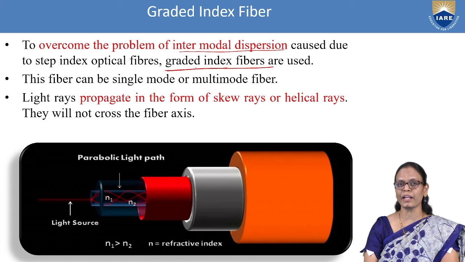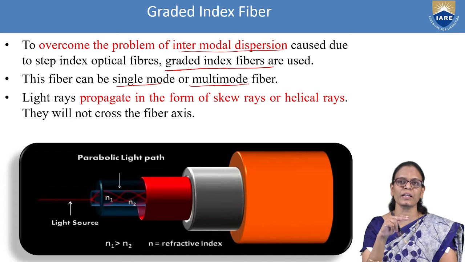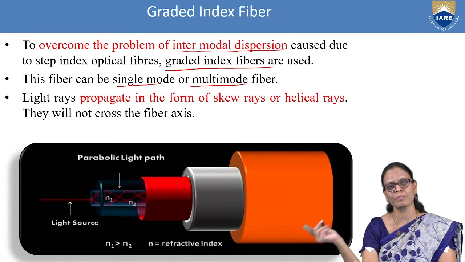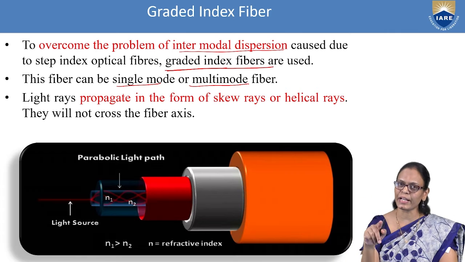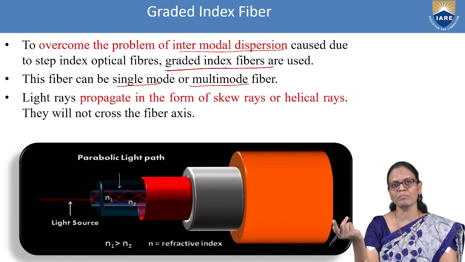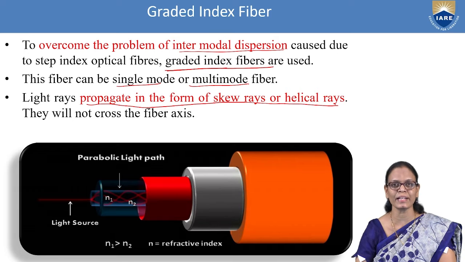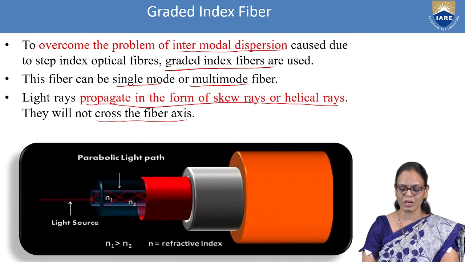Again, in graded index fiber, we can have single mode or multi-mode. The same way we had single mode step index fiber and multi-mode step index fiber, in graded index also we can have single mode graded index fiber and multi-mode graded index fiber. Light rays propagate in the form of skew rays or helical rays. They will never cross the fiber axis.